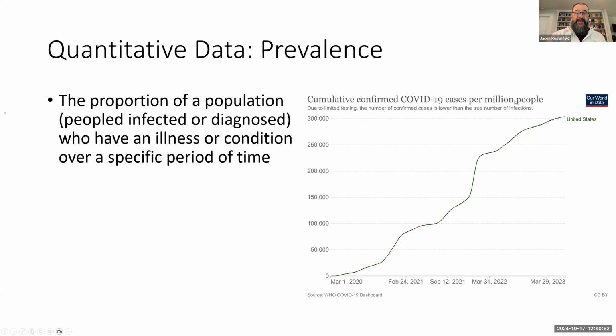We use a rate here because, again, it helps us level set, from March of 2020 until March of 2023. So if we think about prevalence and incidence, what does prevalence tell us that maybe incidence does not? Or what does this graph tell us that may be different or the same from what we saw in the incidence graph?